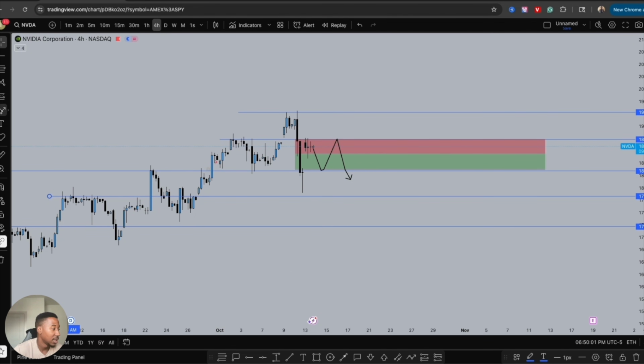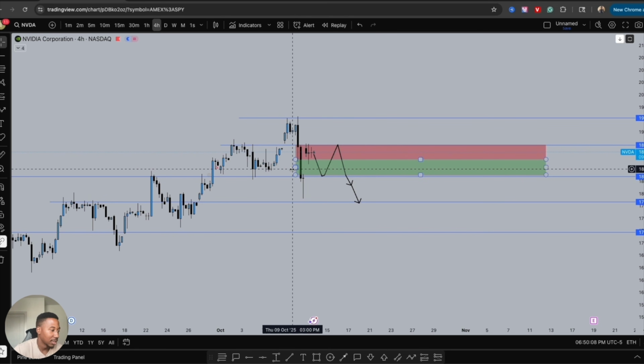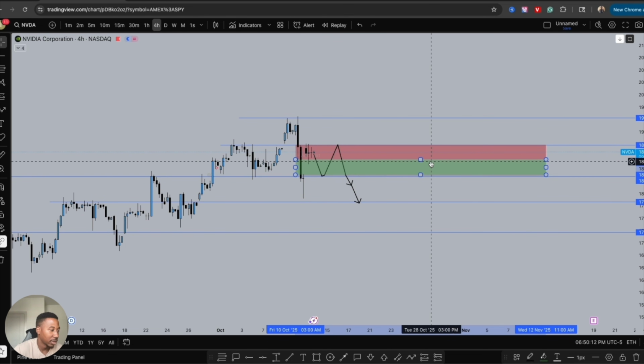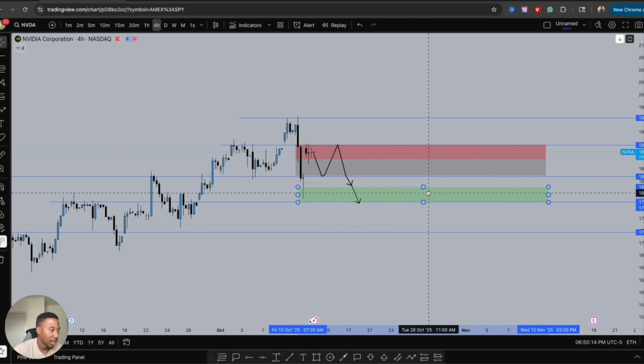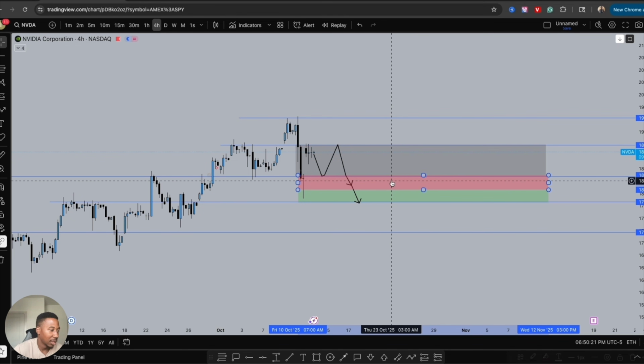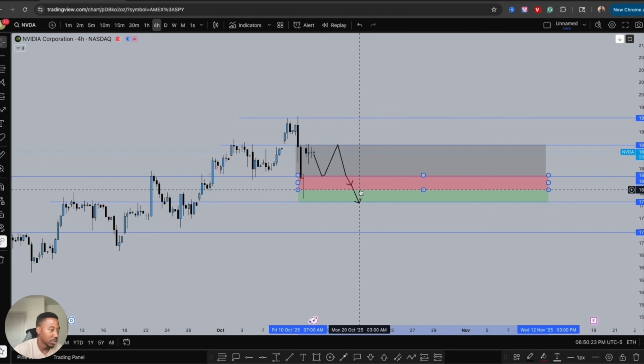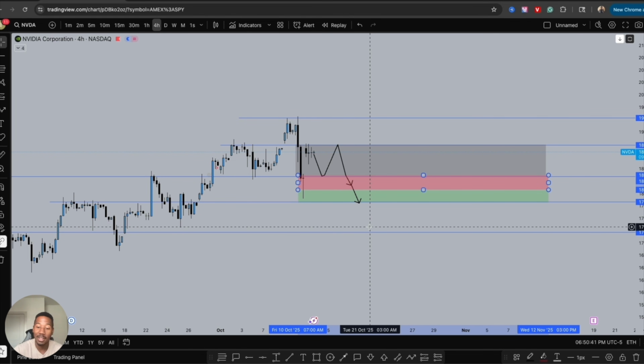So price can come to this support area. Now you're looking to do the same thing that we kind of had going over here. So now the bottom half of this we're looking to buy, and the top half where this resistance is, we're looking to sell. So that's how you would want to play that.